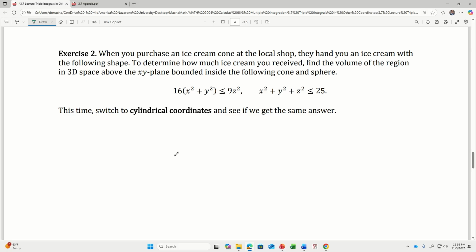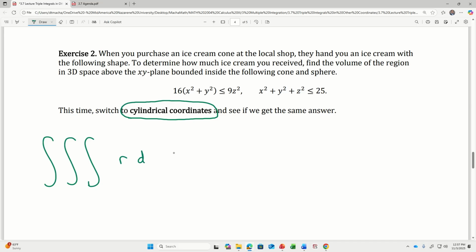This example is the same question, only this time we're going to solve the same integral in cylindrical coordinates. So cylindrical coordinates means my integrand is just going to be r dr d theta dz.